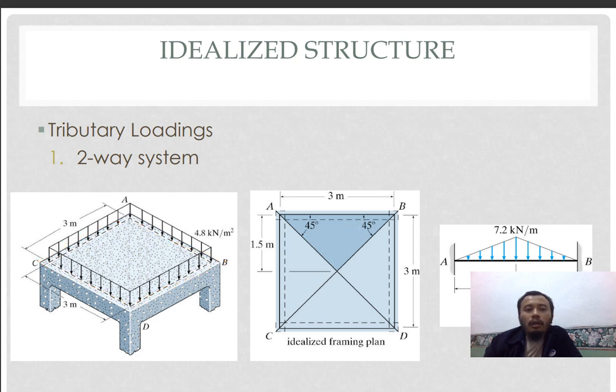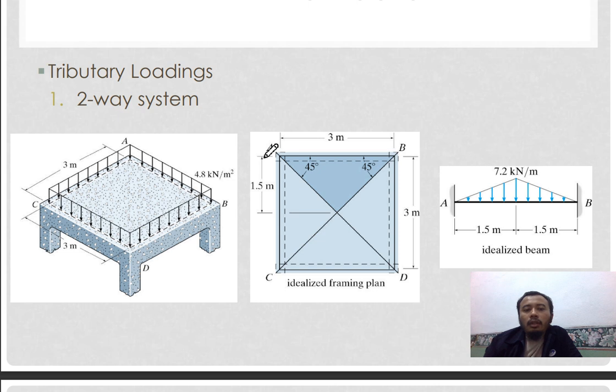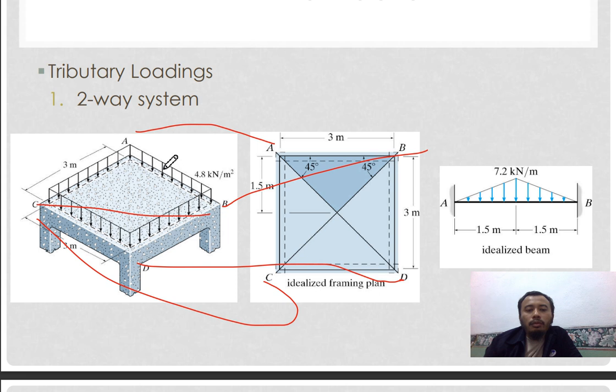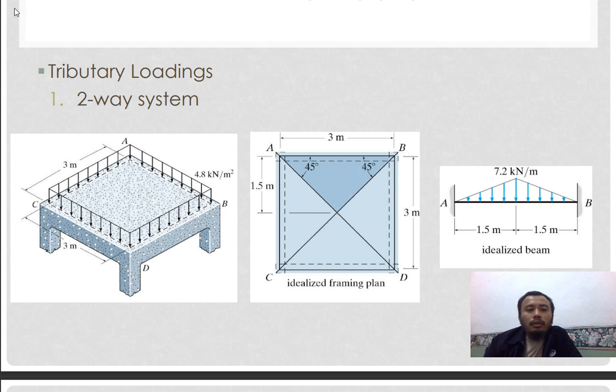So how do we distribute the load? We draw the 45 degrees line. For example, this A, B, D, C. And basically draw the 45 degrees lines. So these are the areas that carry the loads from the slab onto the beam.